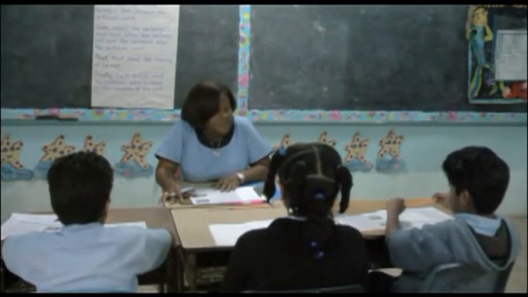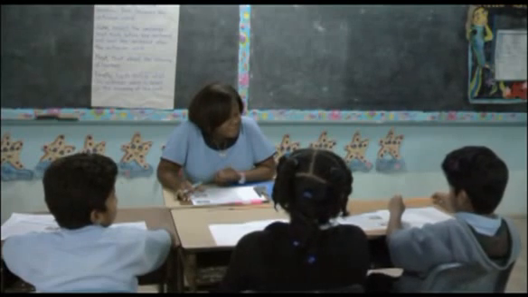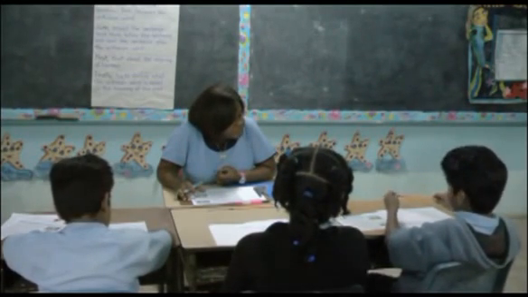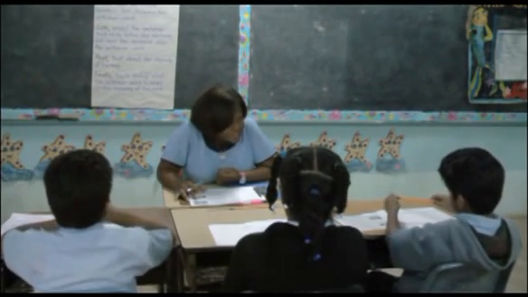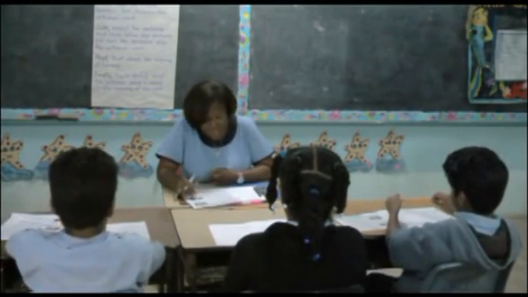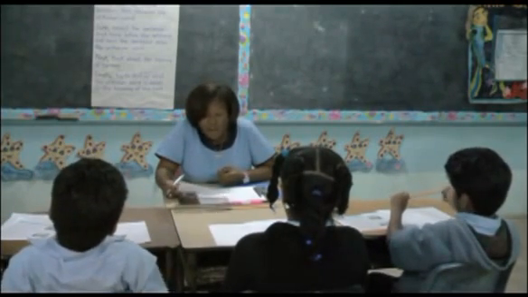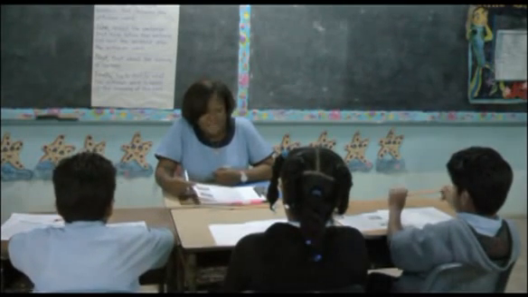Very good. Danny? I think it means find out. He said he used date and he thinks it means to find out. All of those are correct and that will give you the definition of what predict means.